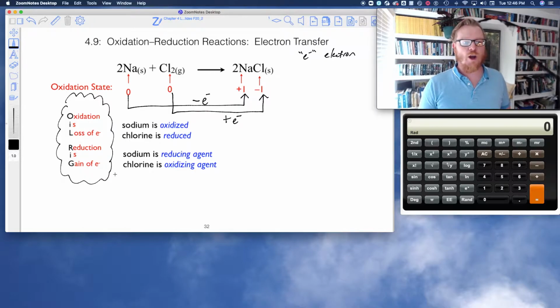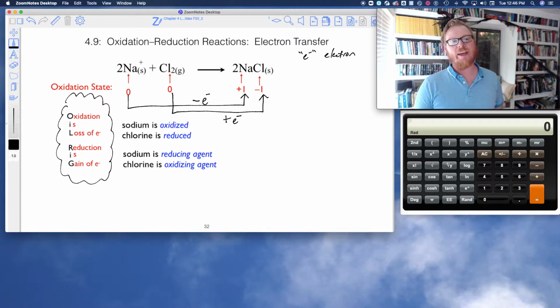So now we note that if oxidation is loss of electron, then sodium has been oxidized. Okay, sodium lost an electron, so it has been oxidized. Reduction is gain of an electron. So we can see chlorine gained an electron, so it is reduced. Okay, and now what we have to think of is, I like to call this, making action verbs out of these.